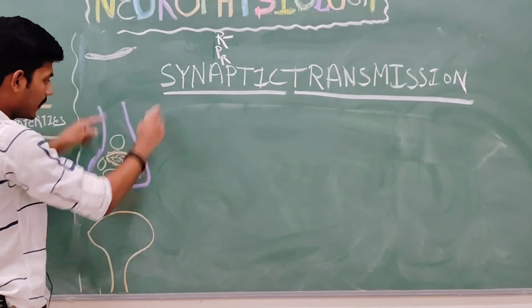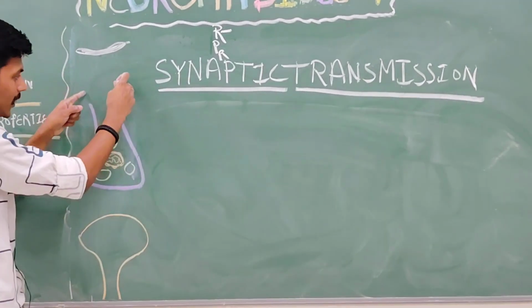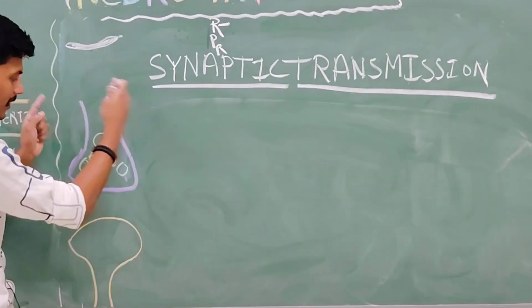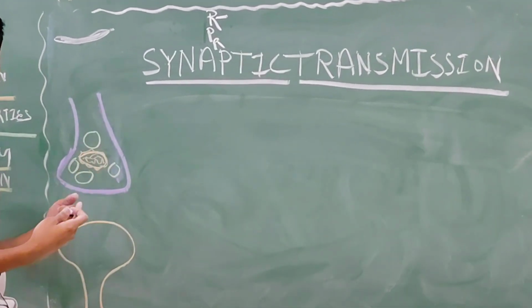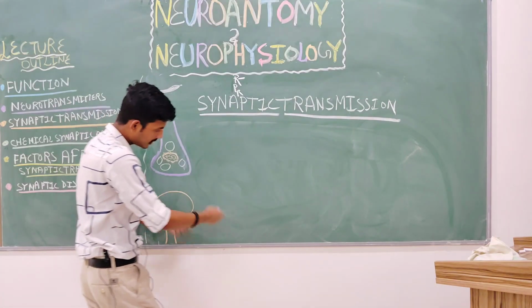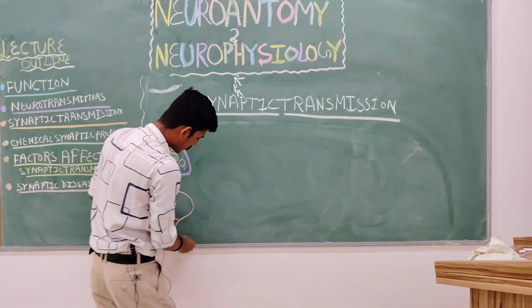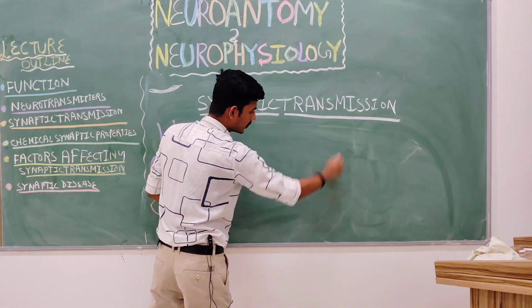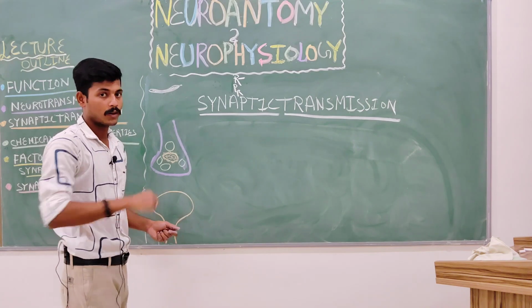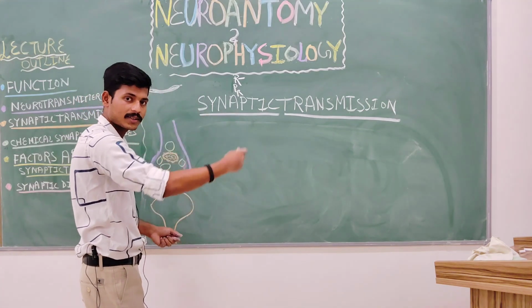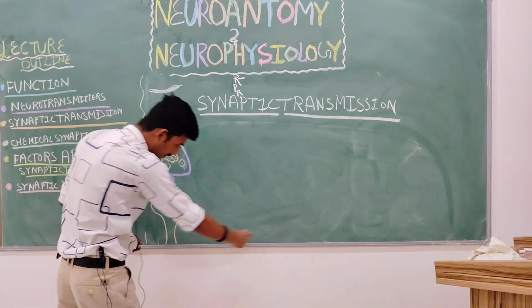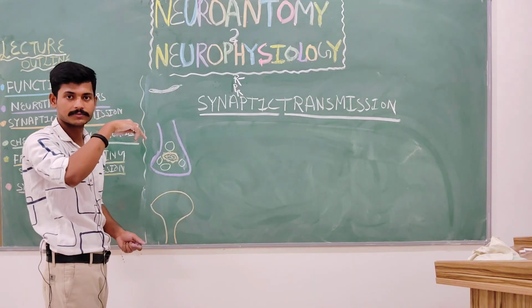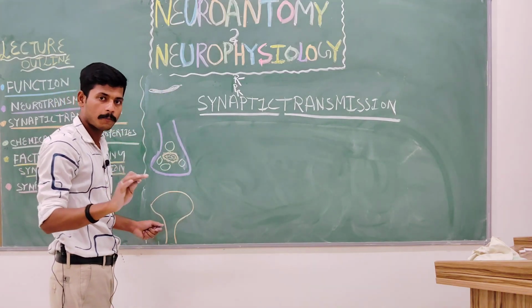Then on the way, one neuron meets another neuron by forming a synapse, and by this they go to the central nervous system. The central nervous system processes the information, then sends it again via these synapses to the gland. Understood? No problem.